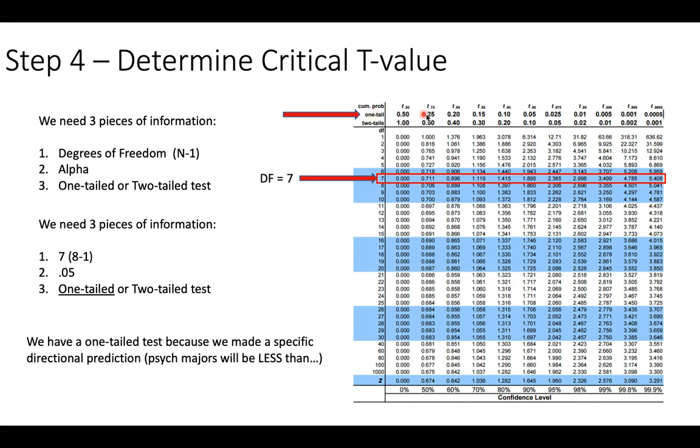We want to come over until we find our particular alpha, which was 0.05. If we had a two-tailed test and our alpha was 0.05, we would be using this column instead, 0.05 two-tailed. But we were 0.05 one-tailed, and so we use this column here.